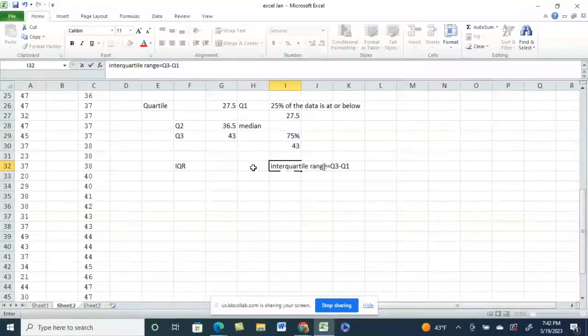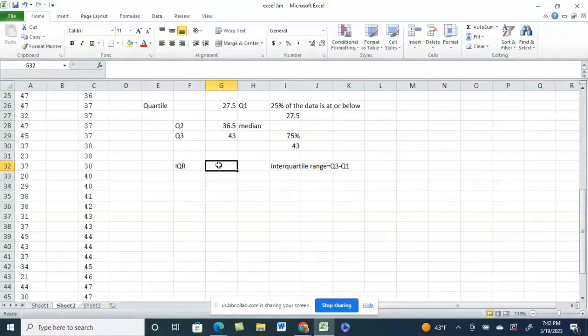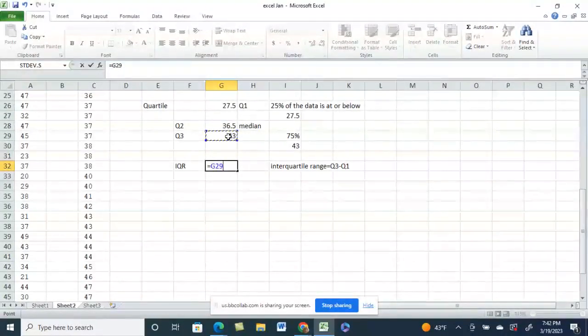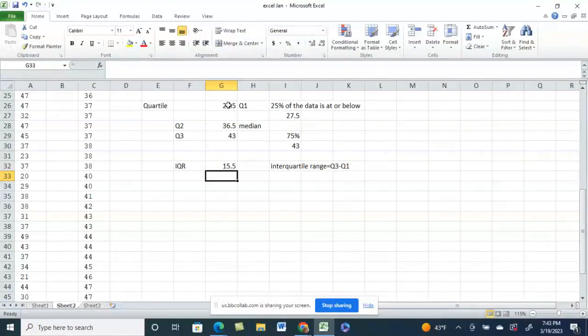It's the middle, where your numbers are. So between 25% and 75% of your data lies in the interquartile range. So we could just go Q3, 43, minus Q1, and we get 15.5.